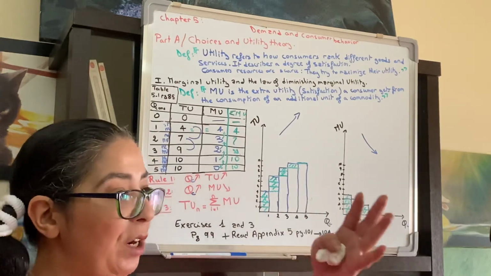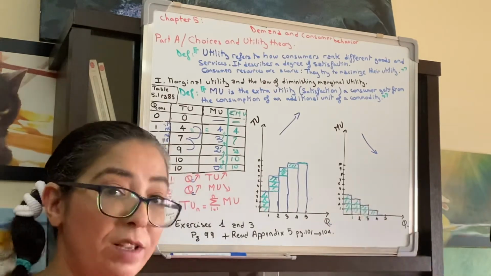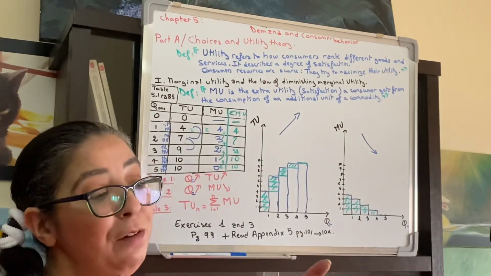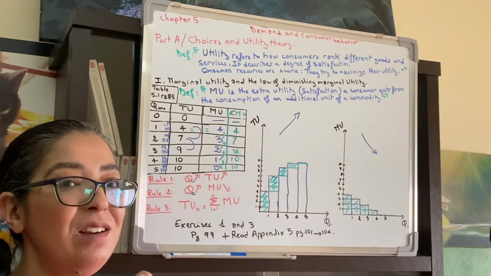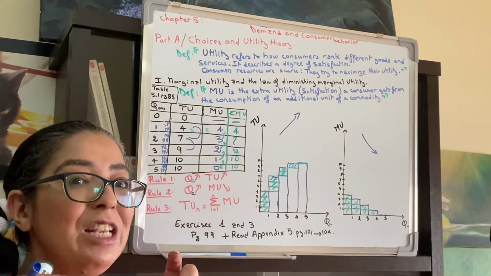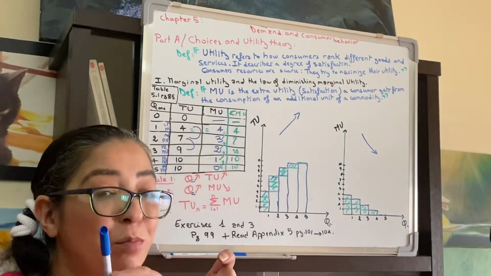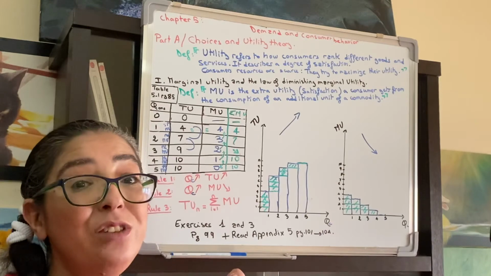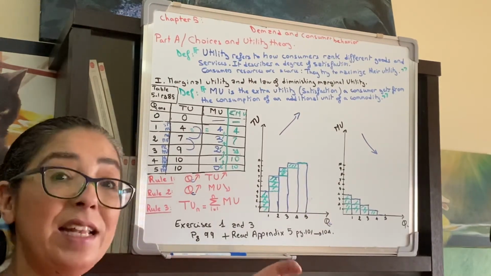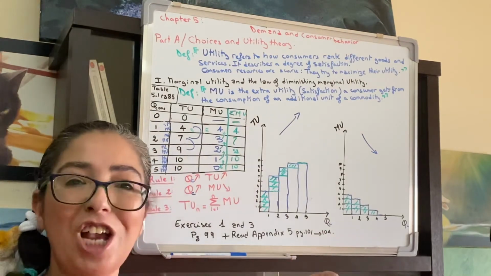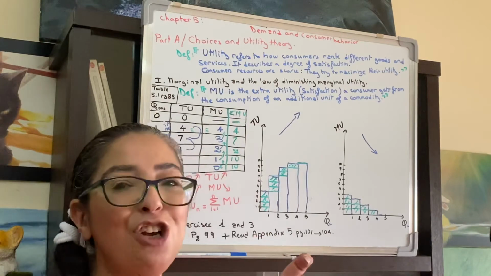So if you eat three oranges, you have a certain total utility for 3 oranges. But if you look at what the first orange brought you as satisfaction, that's marginal utility for the first orange. The second orange, how much it brought you, that's the marginal utility for the second orange, the extra satisfaction. And then the third orange, how much it brought you, that would be the marginal utility of the third unit.